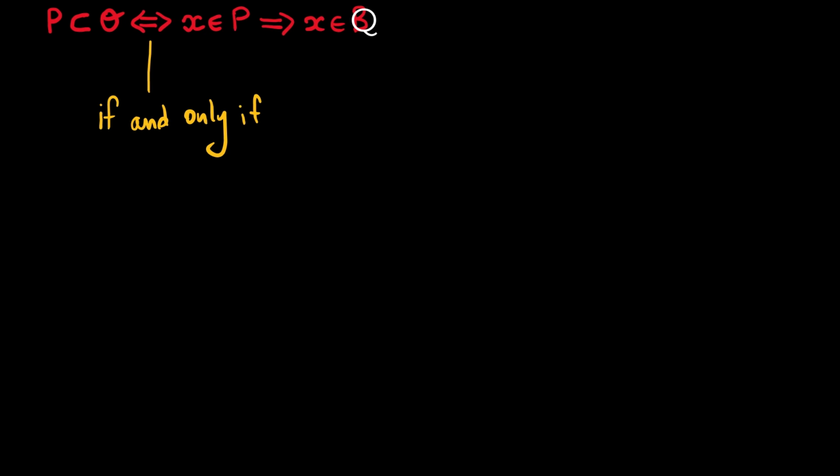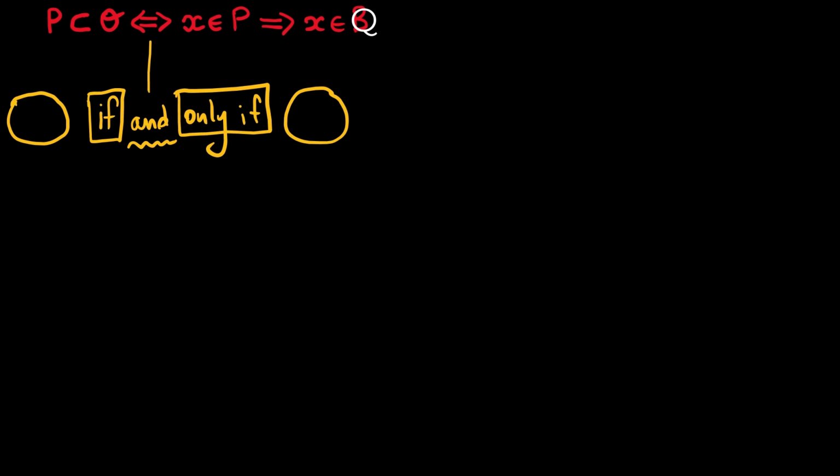Notice that it consists of two conditions, if and only if, tied together by this AND, this logical operator. And then what's on the left side and what's on the right side? On the left of the if and only if operator is this expression, P is a subset of Q.